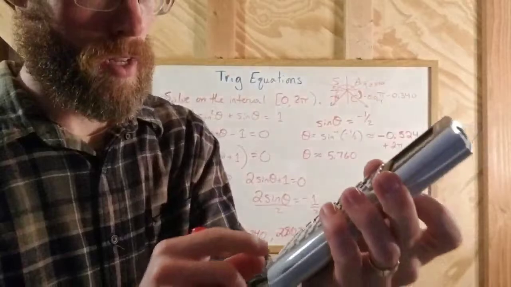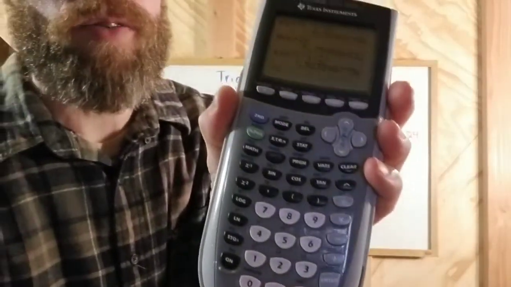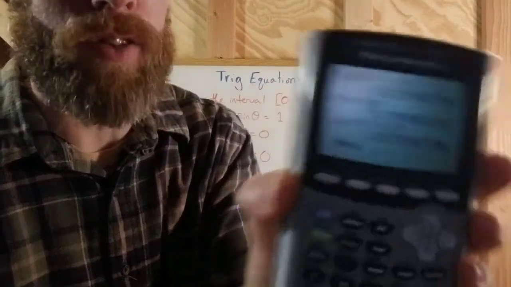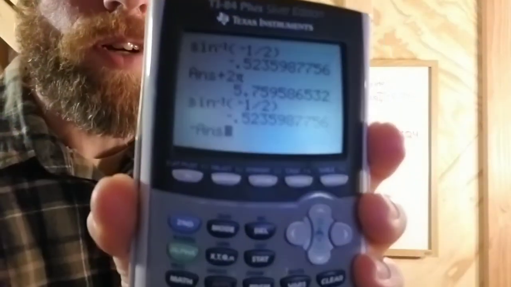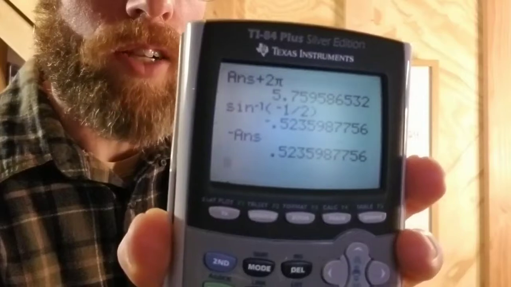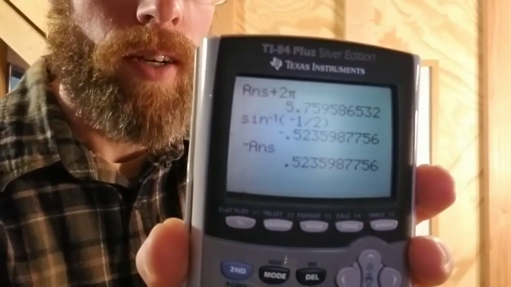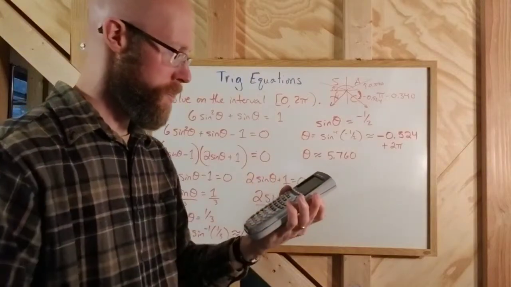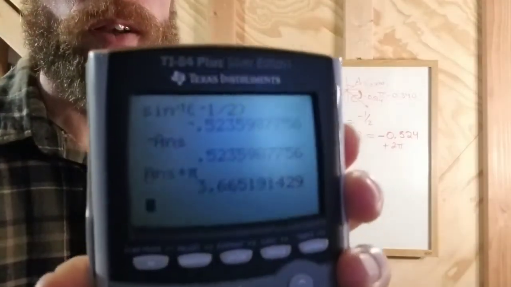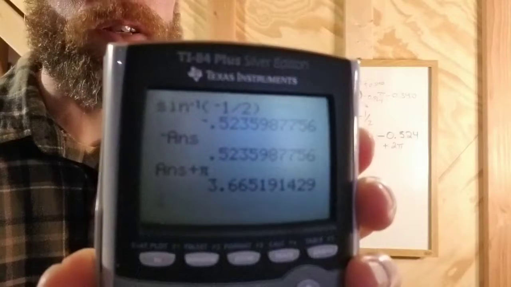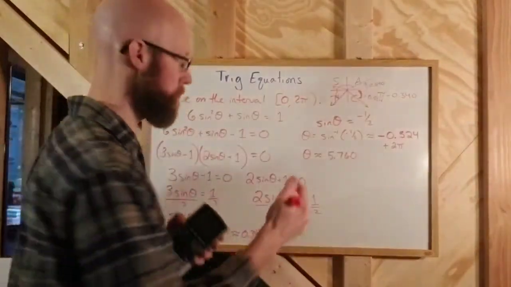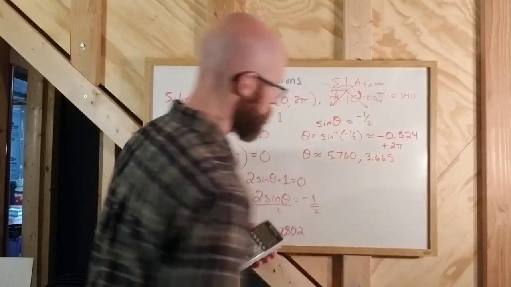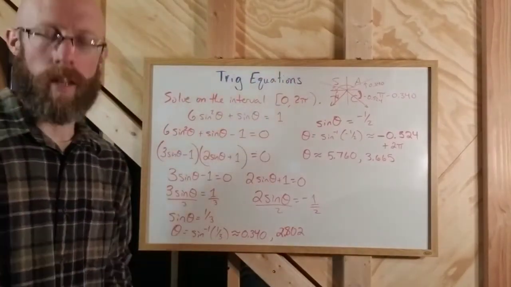I just hit the negative, and then I hit negative again to get my answer. So it'll say negative answer, and it will change the sign. Pretty good. And then I'm going to add pi to that. So a little bit of calculator work. 3.665. Okay. That will be the fourth angle in question.